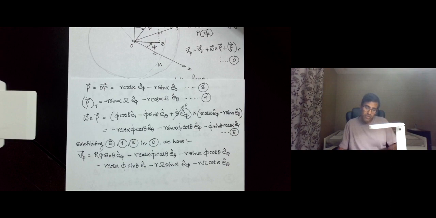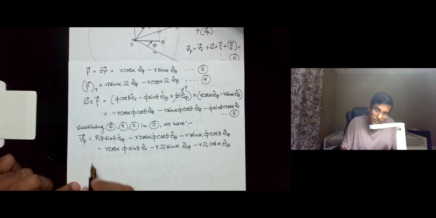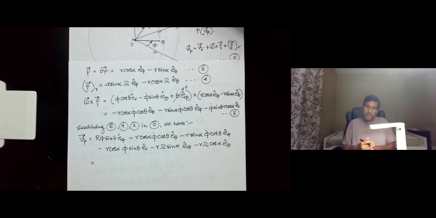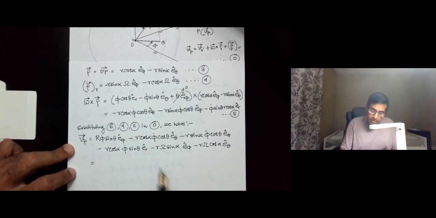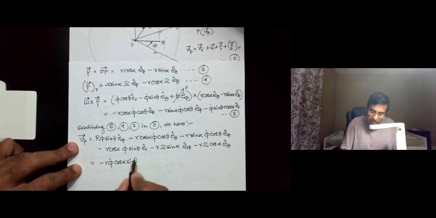Alright, so in the last step we will combine the terms that have e theta, combine the terms in the e phi direction, and then combine the terms in the e r direction. In the e r direction what we have is minus r phi dot cosine alpha sine theta, and there is no other component in the e r direction.